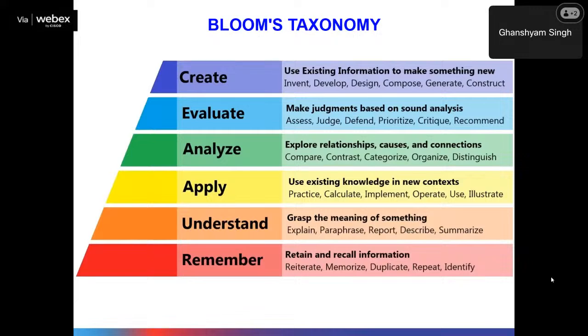Finally, to check if they are able to create something, we need to use existing information to make something new, like invent, develop, design, compose, generate, or construct. So this is how we can apply Bloom's taxonomy through our questions, where we can check their ability to remember, understand, apply, analyze, evaluate, and create.